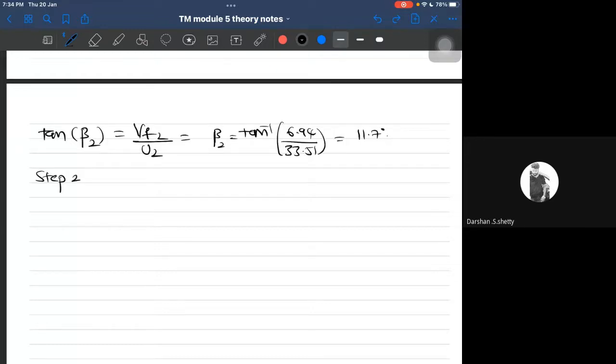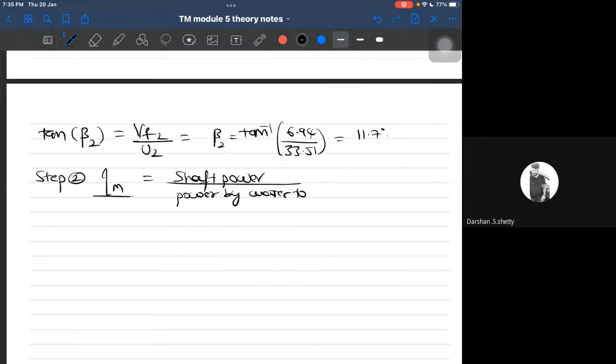Mechanical efficiency is nothing but shaft power divided by power by water to runner.